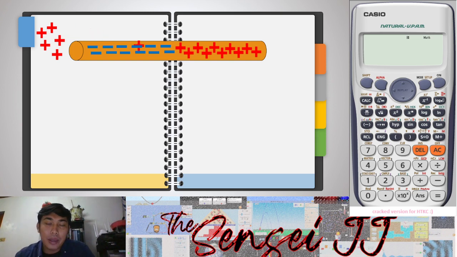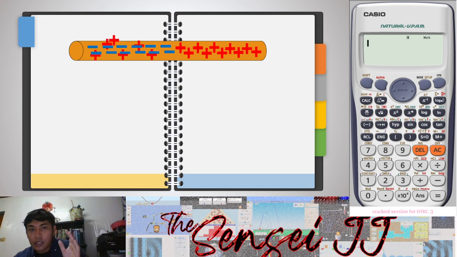Okay, when we talk about conductor, when the positive charges move and make contact with our conductor, what will happen to our conductor? Scientifically speaking, when the charges make contact with our conductor, they will be moving first to our electrons.